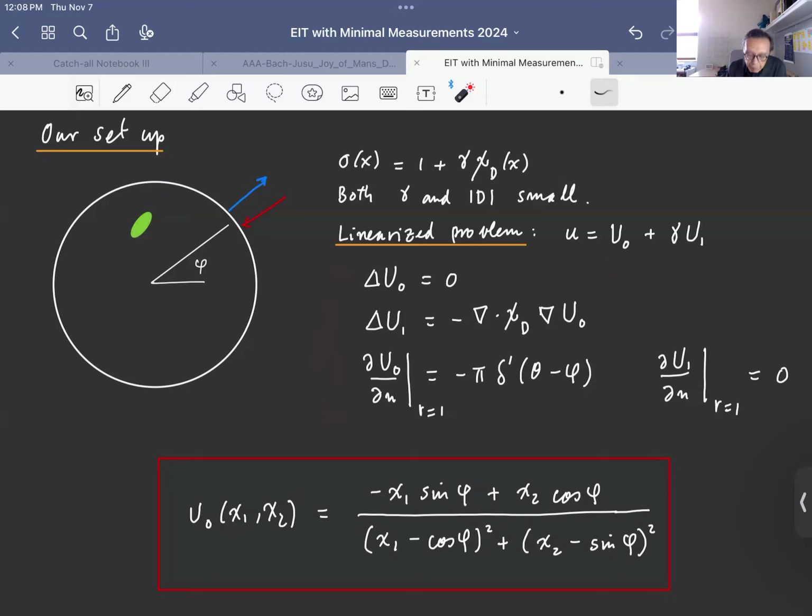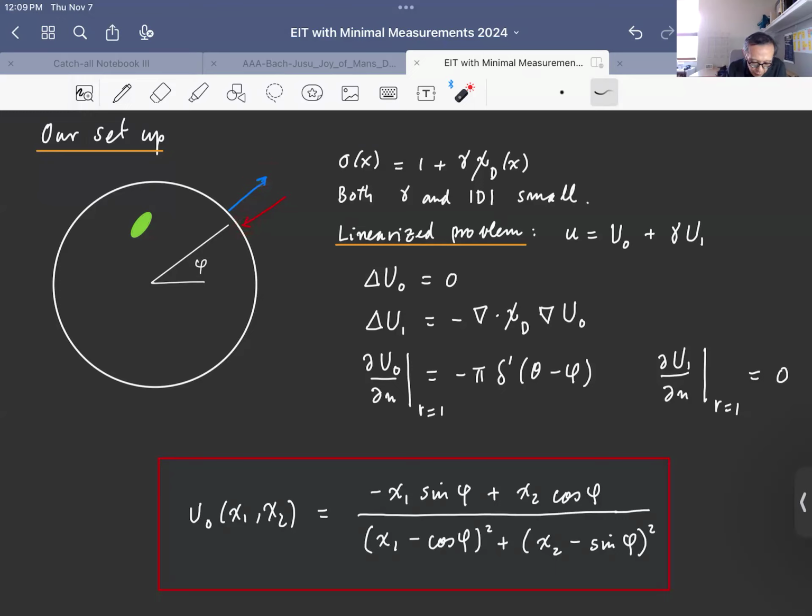The equation for the background is just Laplace's equation. For the boundary condition current for the background solution, we're going to apply a dipole. Of course, a dipole can be an approximation of something with two electrodes, which is pictured here. So I have current coming in here and going out here.